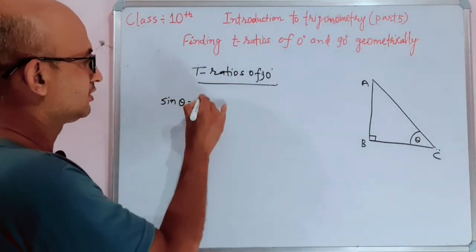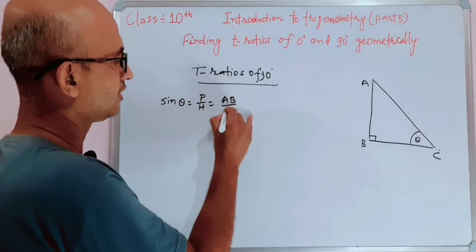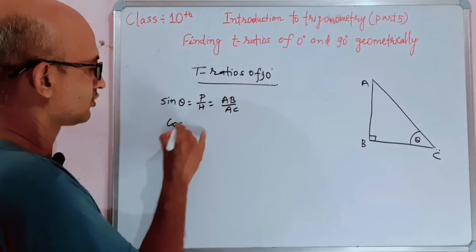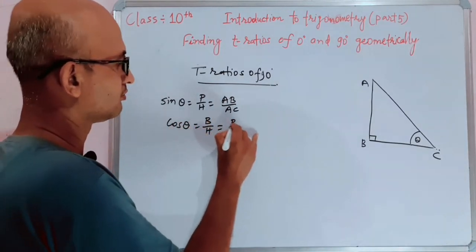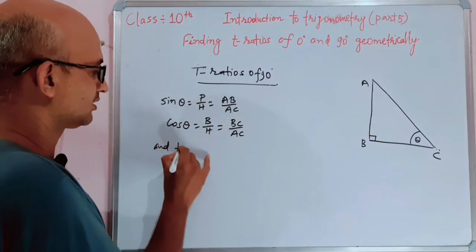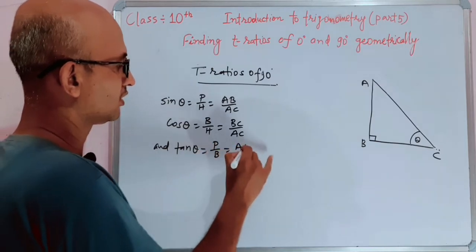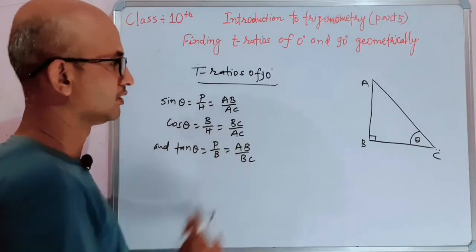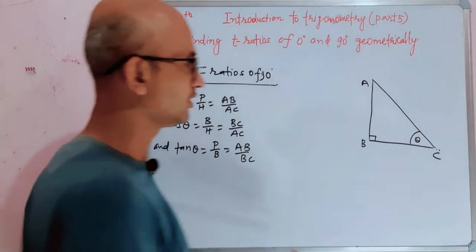We have sine theta in this triangle, AB by AC, cos theta equals BC by AC, and tan theta equals AB by BC.